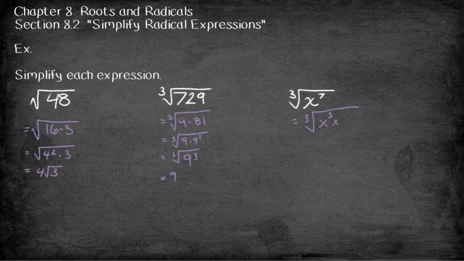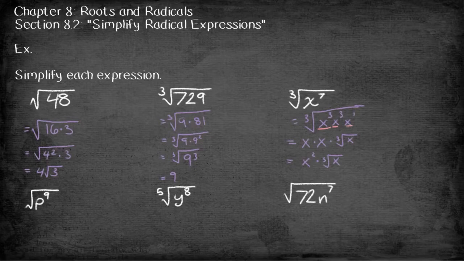I could write x to the 7th as x cubed times x to the 1st. Each of these guys would be now in an individual radical. Of course, the cube root of x cubed is x, and again x. Then we have times the cube root of x. So we get x squared times the cube root of x.